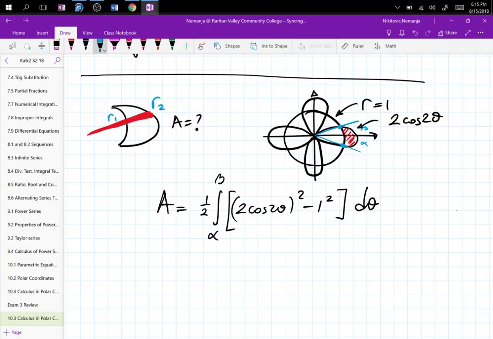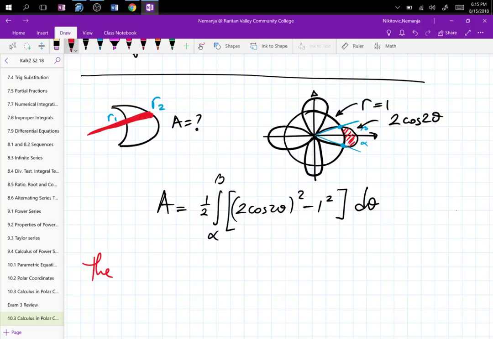Now, the way to find those, again, no surprise, you are going to use your basic knowledge of solving trig equations, because those two lines intersect when the r's are the same. So let's do it in blood.